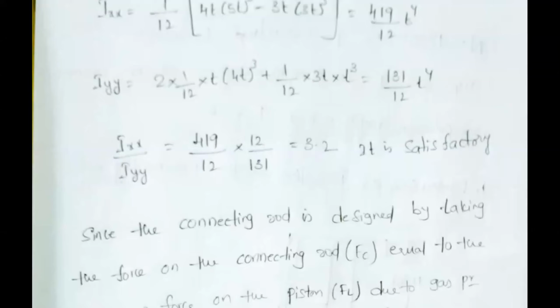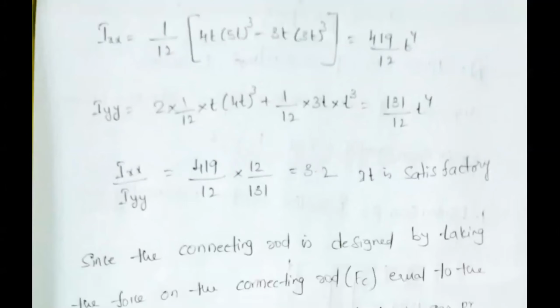Here I am getting the value of Ixx as 419 by 12 t power 4. Please note down these values, at least for verification. Ixx is 419 by 12 t power 4 and Iyy is 131 by 12 t power 4.